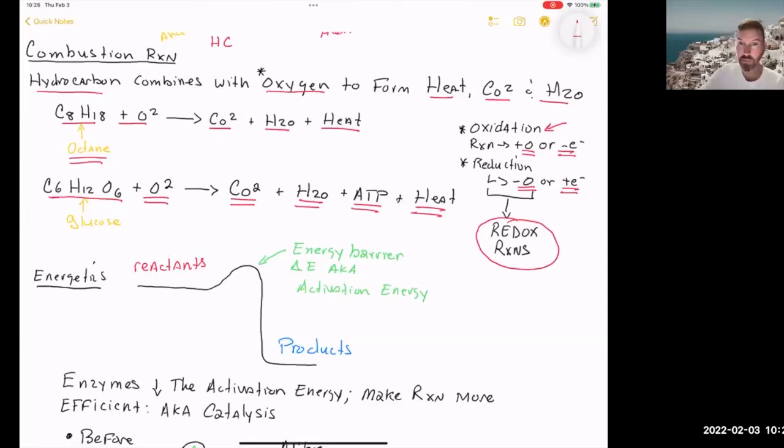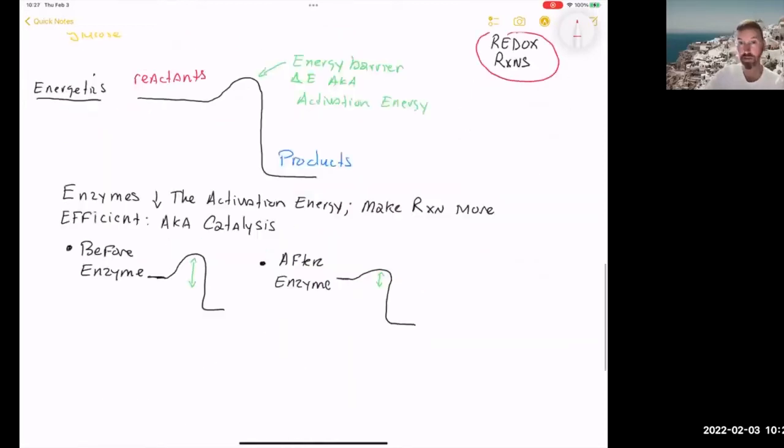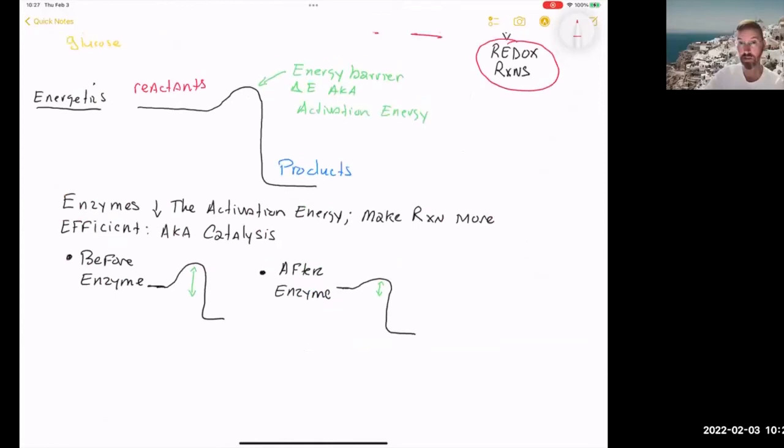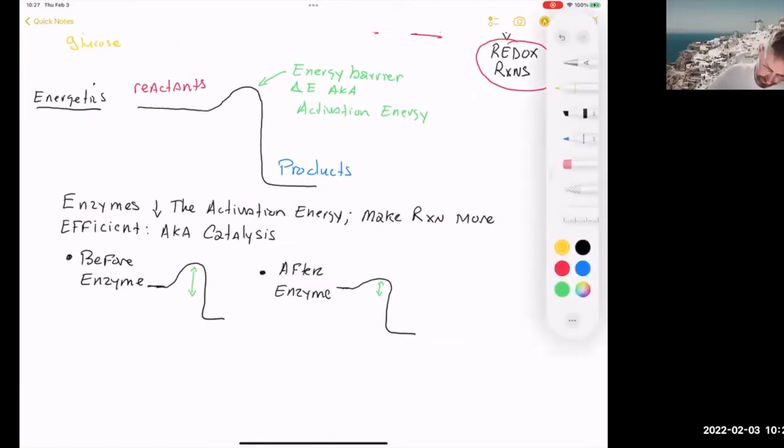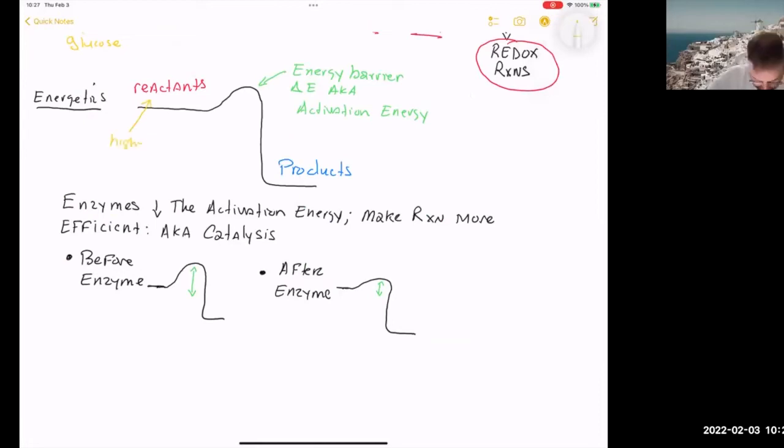Again, I'm giving you guys examples. When we look at the energetics of a typical chemical reaction, usually you're going to have reactants, and reactants tend to be at a higher energy. And then there's an energy barrier that you have to get over.